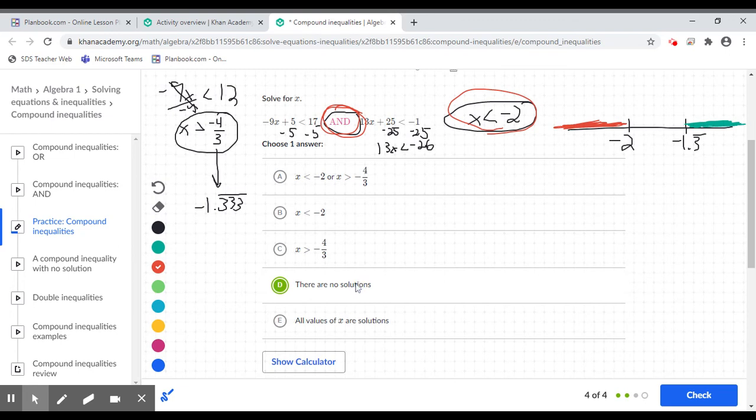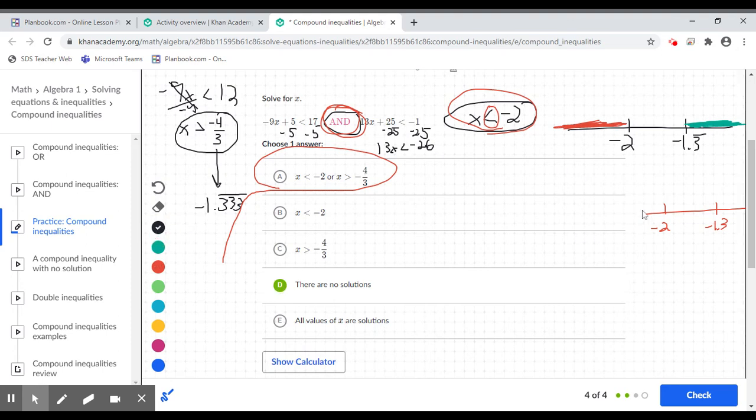No, there is not. Choice A would be the situation where my inequality signs were pointing in the other way from how they are right now. So what if I had something pointed that way, and the other one pointing that way, where there is an overlap?